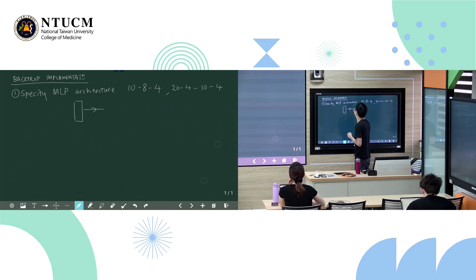And using vector notation, for example, the 10, 8, 4 might look something like that. Then you have the input units, hidden units, and the output units, and correspondingly you have your weights. And we call this a feed-forward, fully connected 10-8-4 network. So you specify whatever architecture you have, like this.